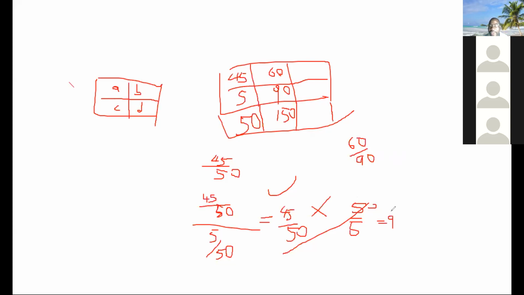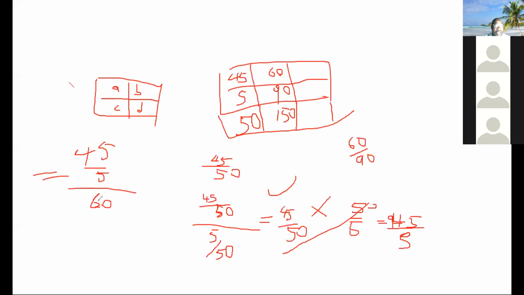Before I even arrive there, I just say 45 over 5. That's the odds of smoking among the cases. So the relative odds, or odds ratio, if you are comparing the odds between the two groups, will be 45 over 5 divided by 60 over 90.